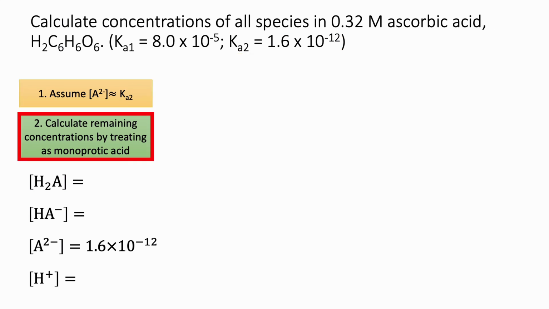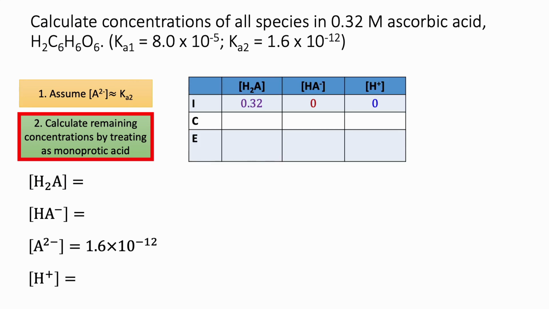Now the next step is to calculate the remaining concentrations by treating them as a monoprotic acid, which is basically the sorts of acids we've been calculating up till now. So what do we do when we calculate concentrations in a monoprotic acid? We use an ICE table for starters. So here is our ICE table.